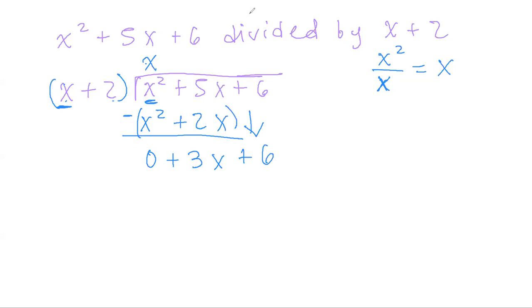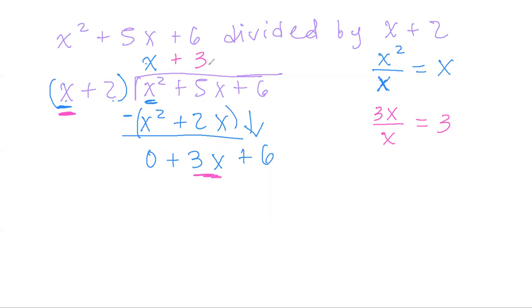Now, the next thing I have to do is think about, okay, what do I multiply x by to get to 3x? In this case, it's plus 3. And, again, you can also see it as, oh, 3x divided by x is just 3, if that helps.